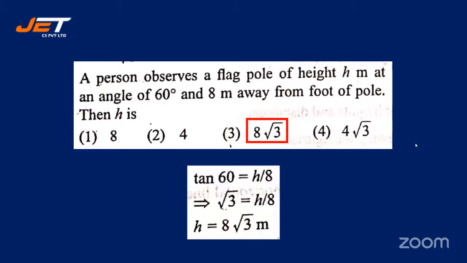Tan 60 is root 3, which is opposite side by adjacent side. The opposite side is height h and the adjacent side is 8 meter because it is away. So 8 into root 3 will give us h. So h is equal to 8 root 3 meters.